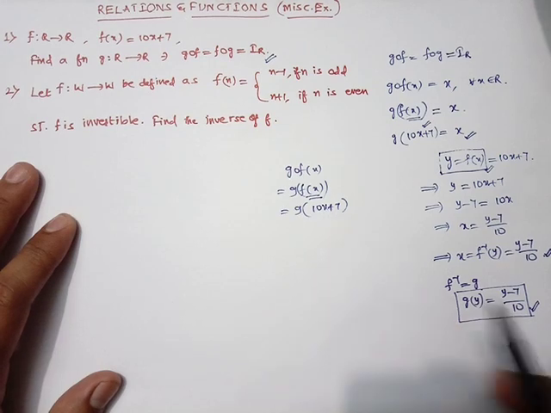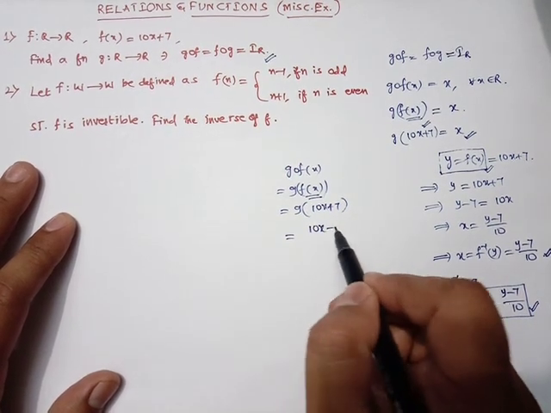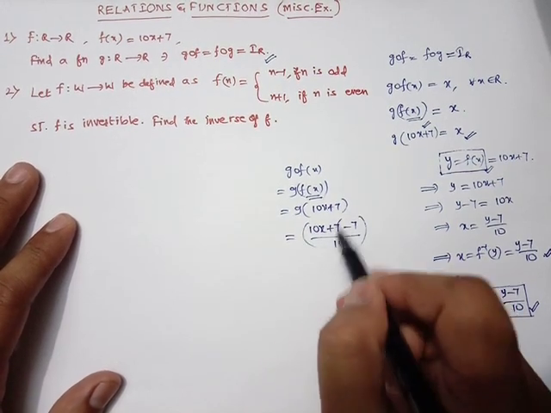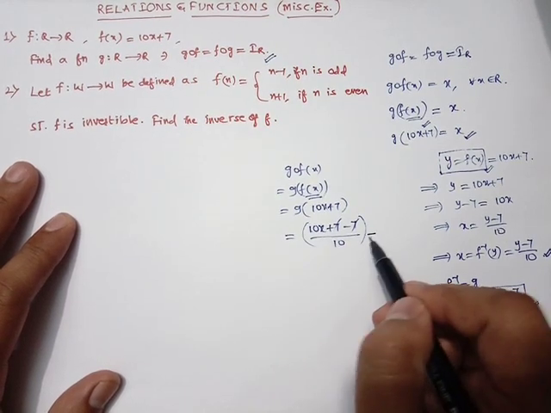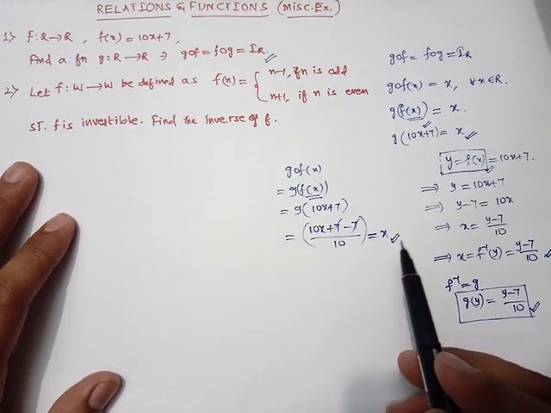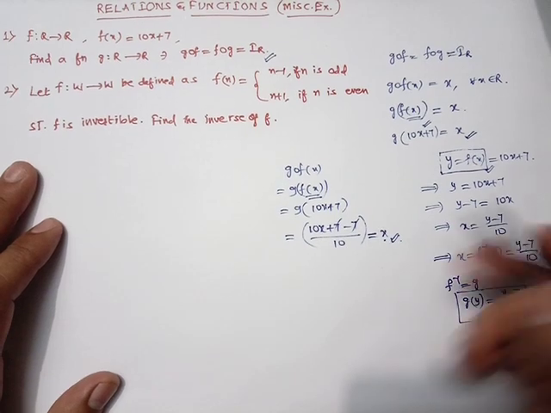Consider this as y now: (y - 7)/10, and y is 10x + 7, so (10x + 7 - 7)/10. Now 7 gets cancelled, and 10 and 10 get cancelled, and you will get the value x. So g∘f(x) = x, and your first condition is satisfied.